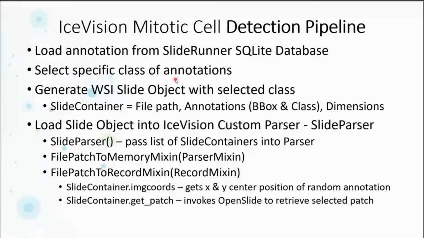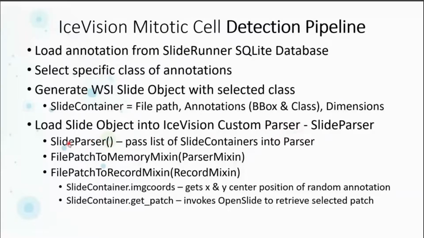Then we'll select a specific class of annotations to run through the pipeline. We'll generate a slide object that contains some information for creating those patches, and then we'll load that slide object into the IceVision custom parser.